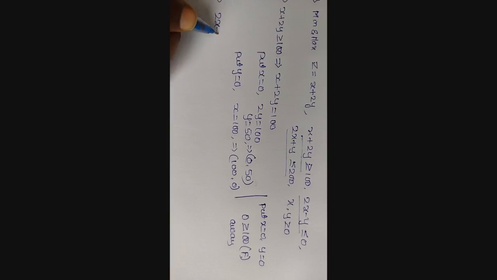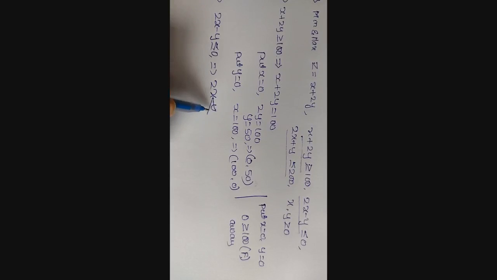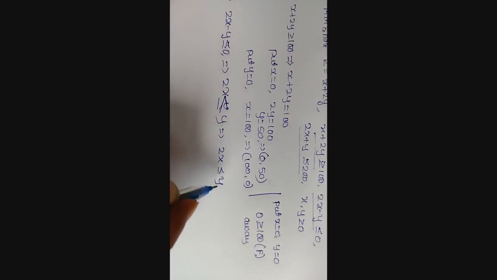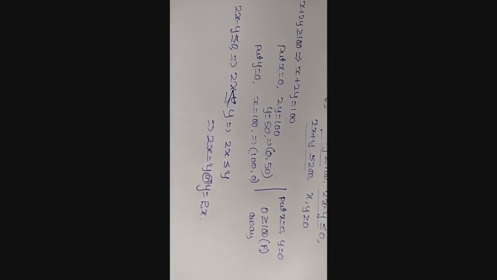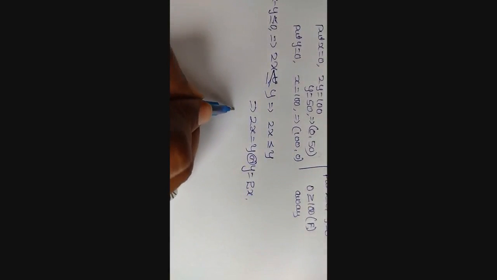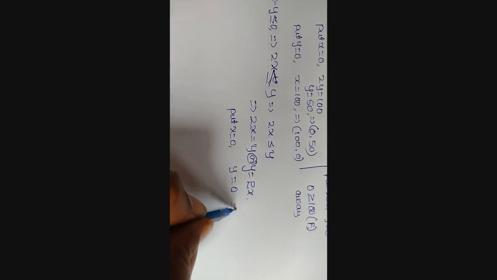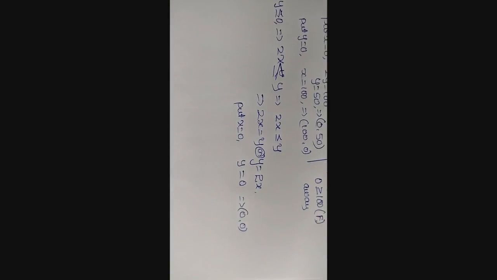The second one, 2x minus y is less than or equal to 0, so 2x is less than or equal to y, which implies 2x is equal to y, or y is equal to 2x. Is it right? Then put x is equal to 0, then y is also 0, so 0 comma 0 is the first coordinate.